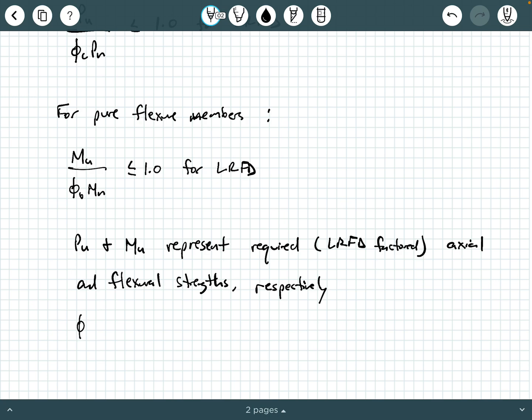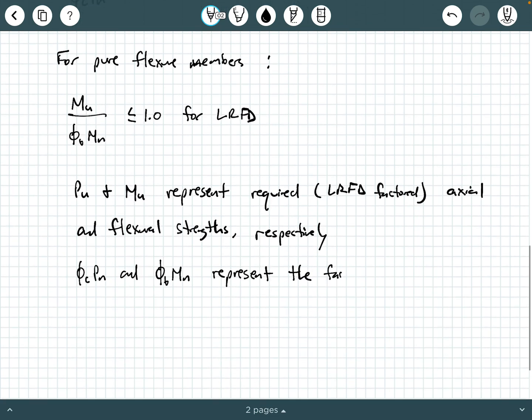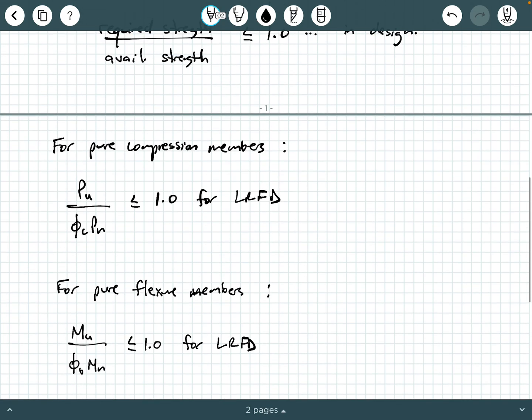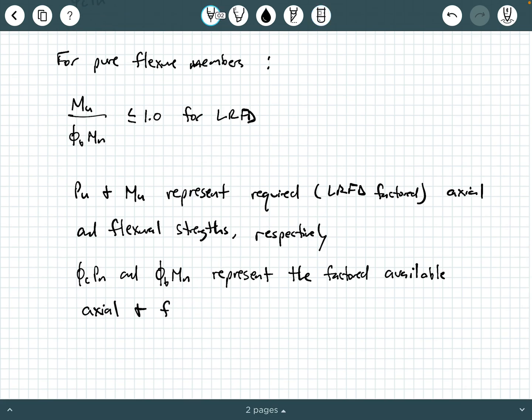So phi C Pn and phi B Mn represent the factored available axial and flexural strengths.